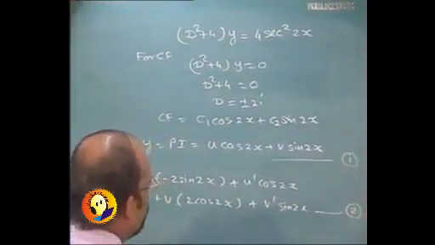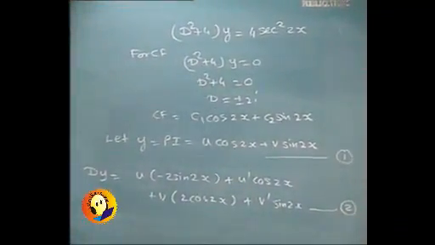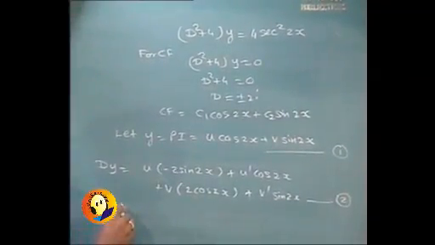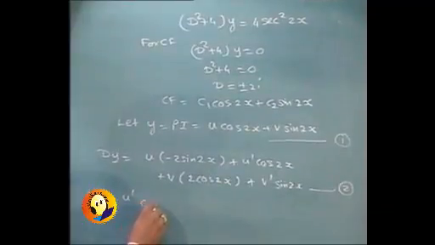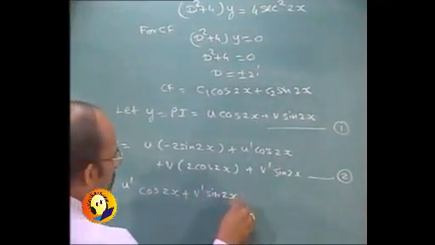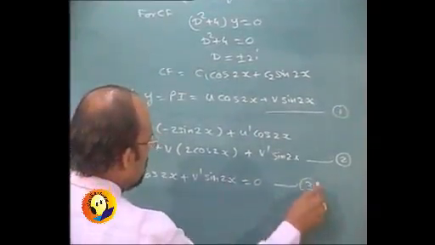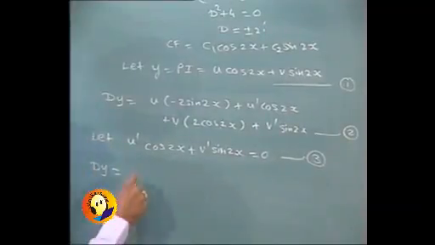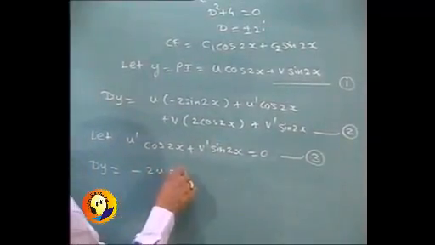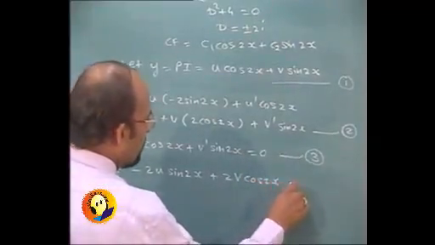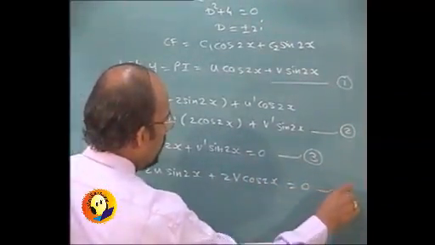Equation number 2. The terms containing u dash and v dash from this should be equated to 0. So we say let u dash cos 2x plus v dash sin 2x is equal to 0. Equation number 3. And we rewrite dy, which will now come out to be minus 2u sin 2x plus 2v cos 2x. Equation number 4.